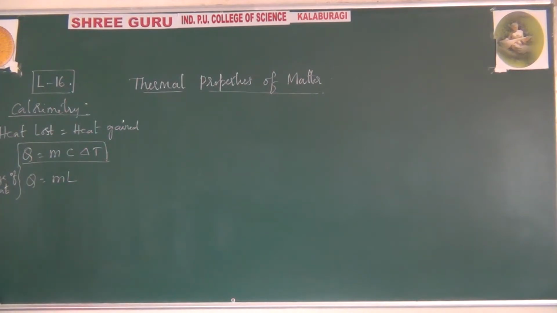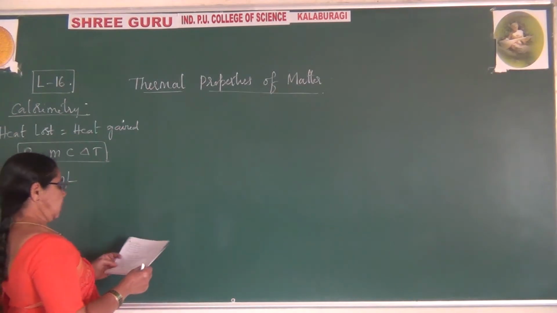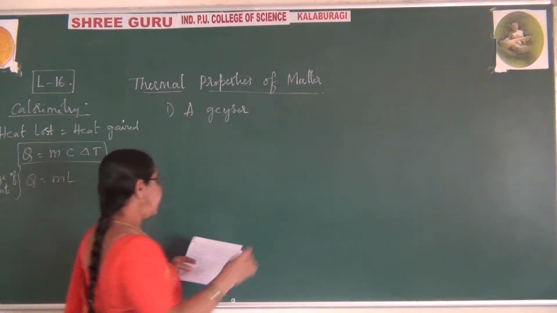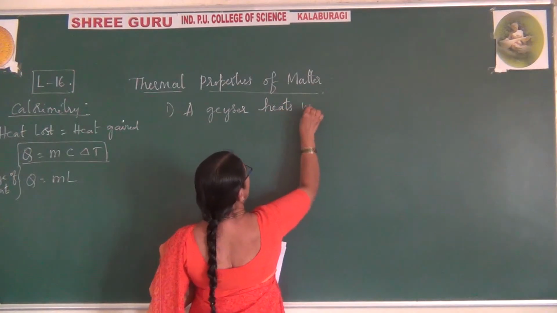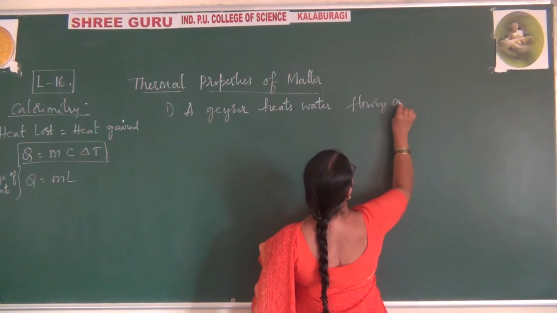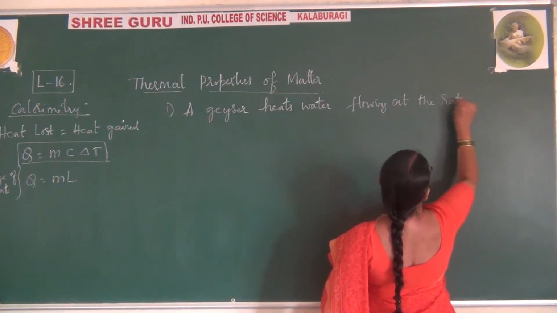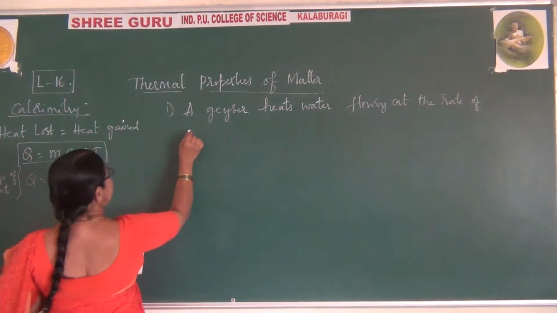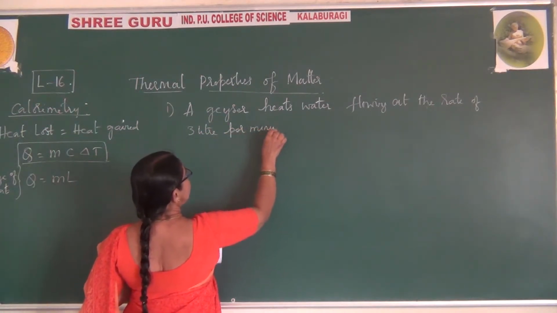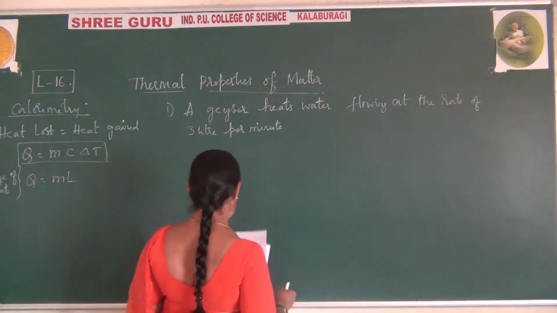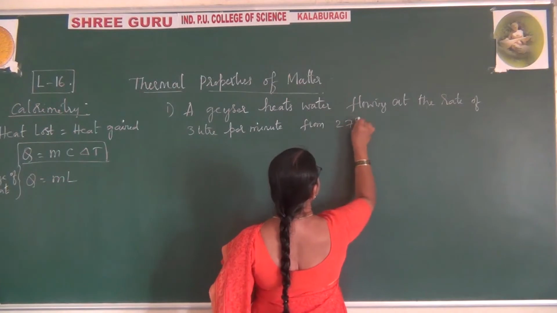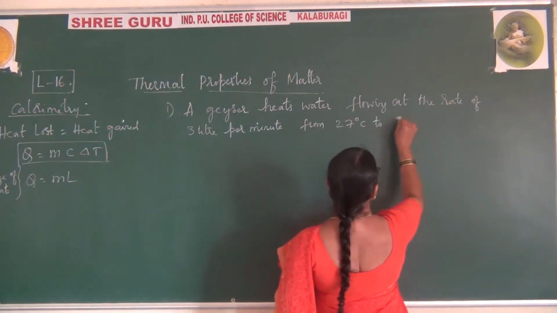Here under calorimetry, we come across the first problem. A geyser heats water flowing at the rate of 3 liter per minute from 27 degrees centigrade to 77 degrees centigrade.